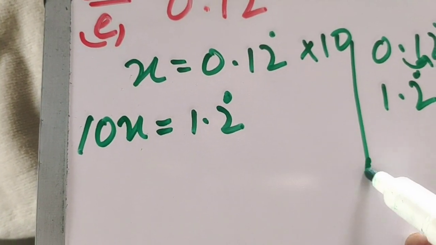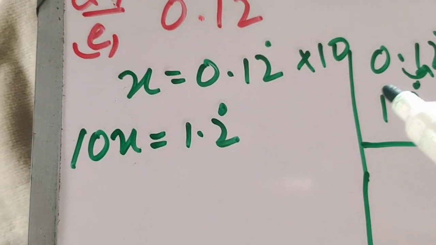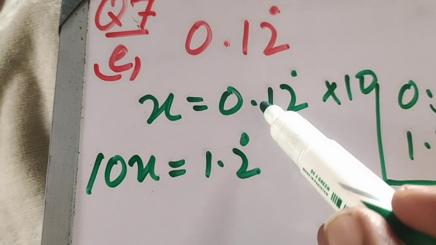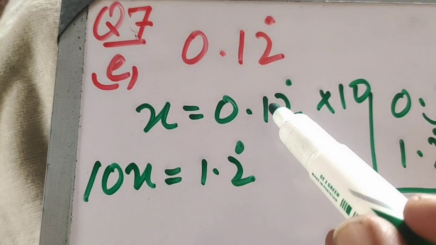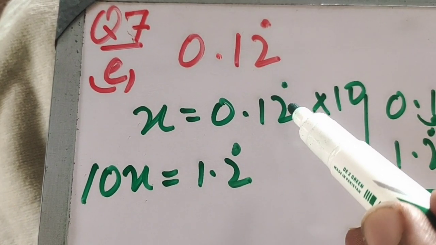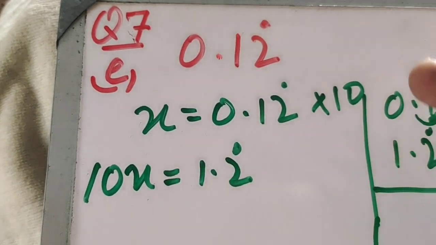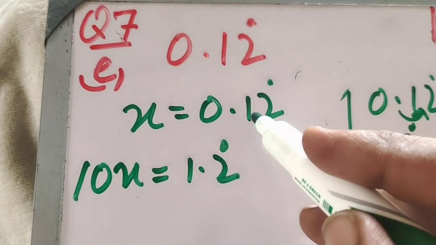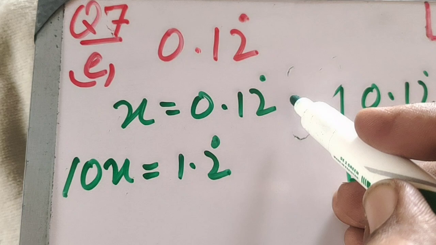Now students, in the second step we are going to move both of these numbers, 1 and 2 dot, to the wholes. Because there are two numbers, we need the decimal to move 2 places to the right.